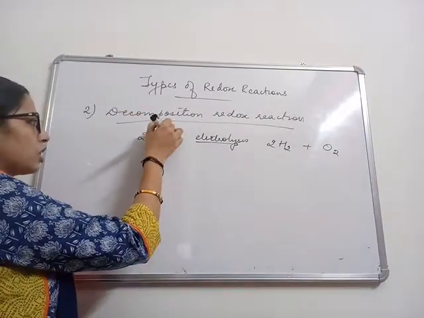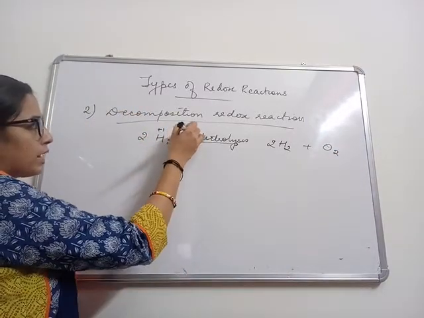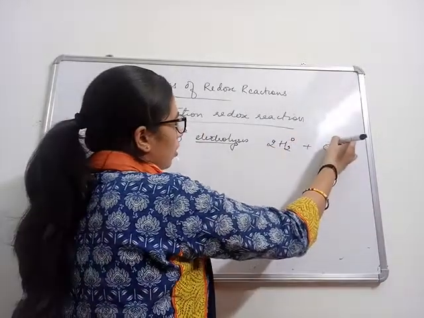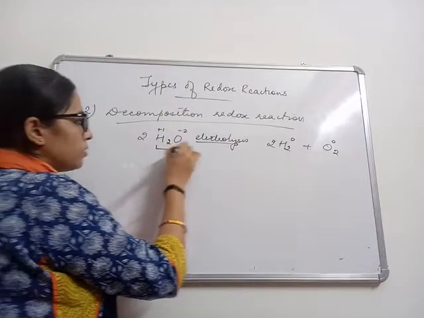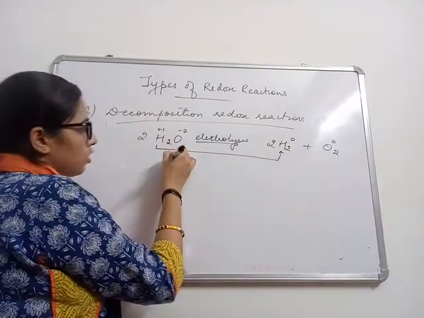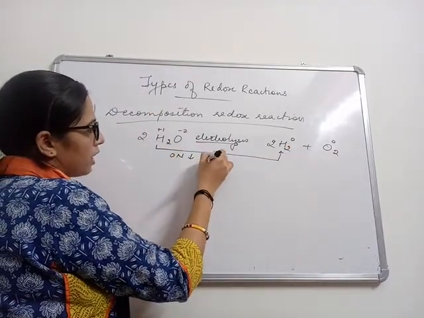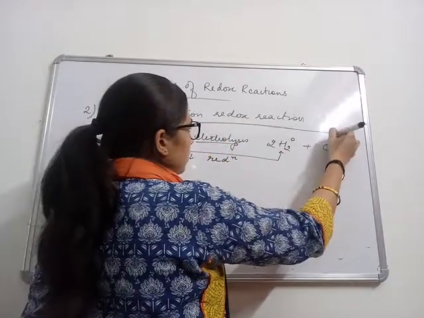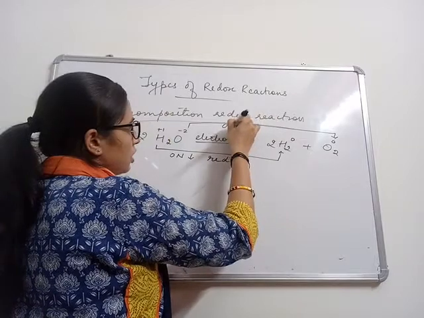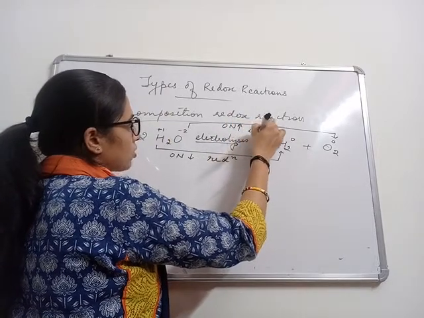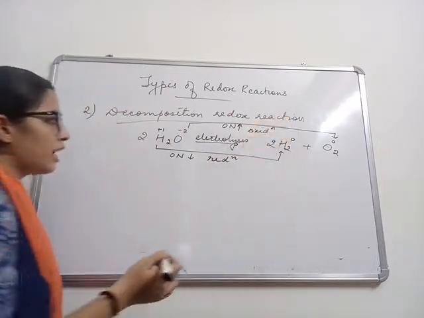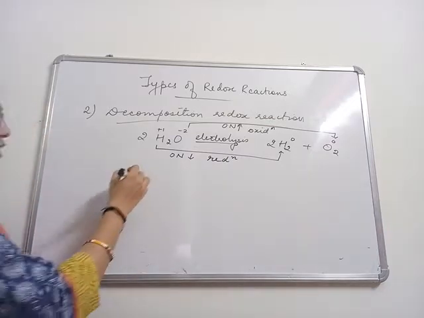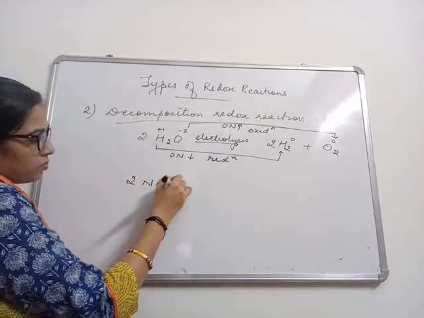In water, the oxidation number of H is +1, that of oxygen -2. In hydrogen gas it is 0, oxygen gas 0. So +1 to 0, the oxidation number is getting reduced, that means it undergoes reduction. And oxygen from -2 turns to 0, so the oxidation number is increased, it undergoes oxidation. So it's a redox reaction as well as a decomposition reaction. So it's a decomposition redox reaction.